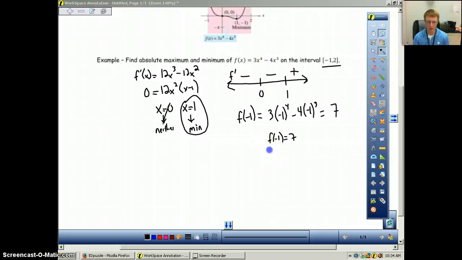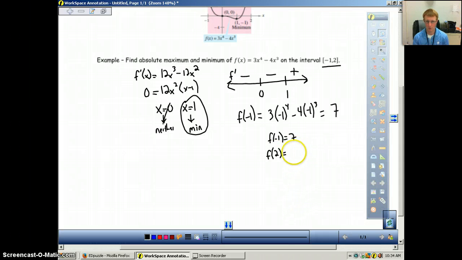Then we plug in the other endpoint. f of 2 is equal to, and again, I'm just going to plug it in without writing it down, and we get 16. Now, keep in mind, both of these were possible endpoint maxes, not mins.